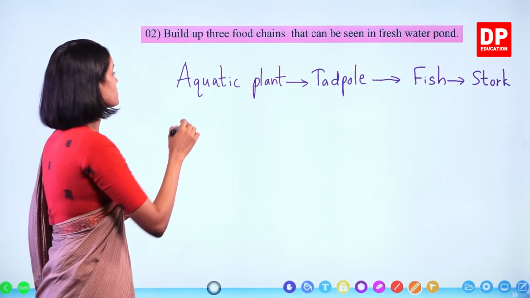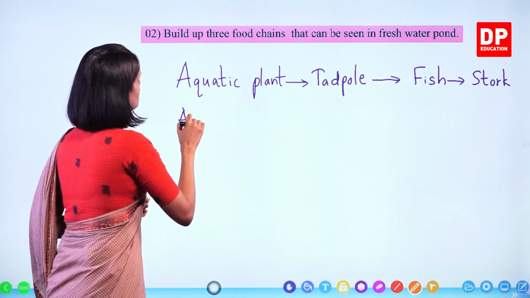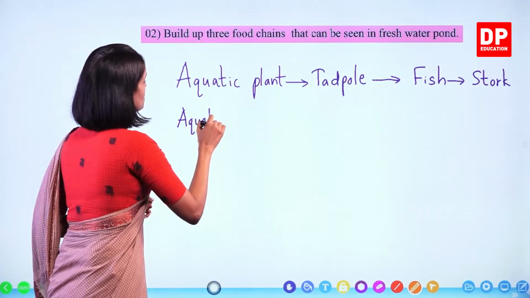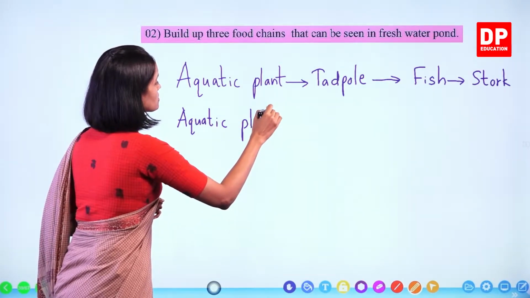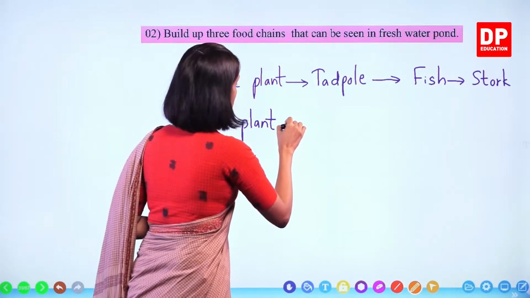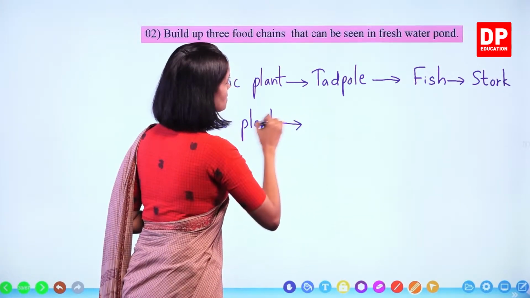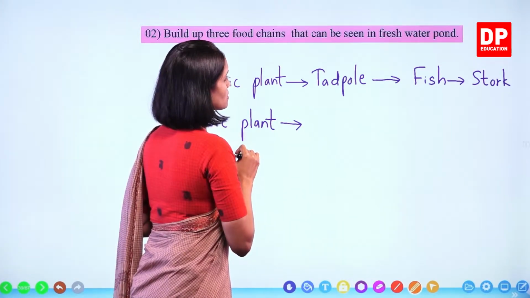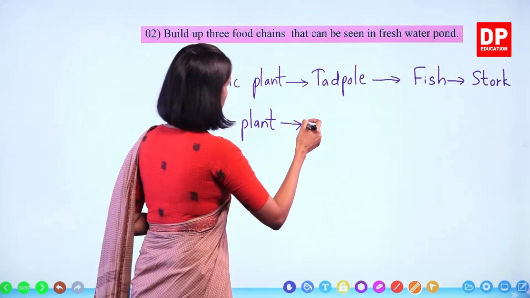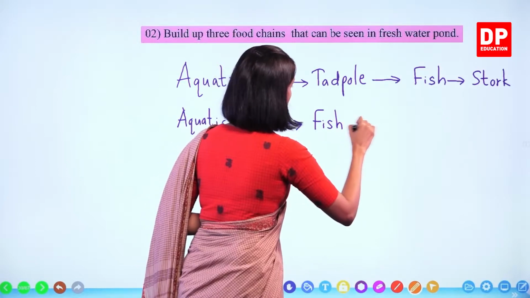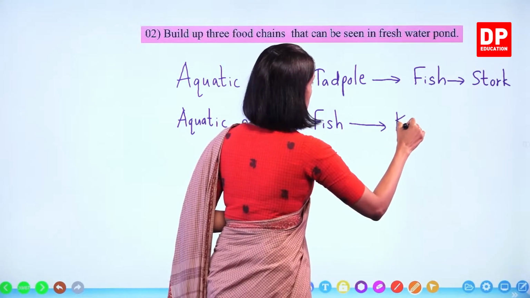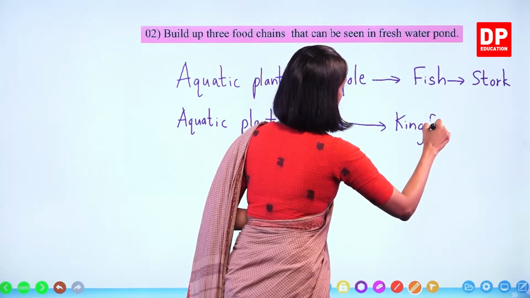Right, children? Then, aquatic plant. Fish. Kingfisher.